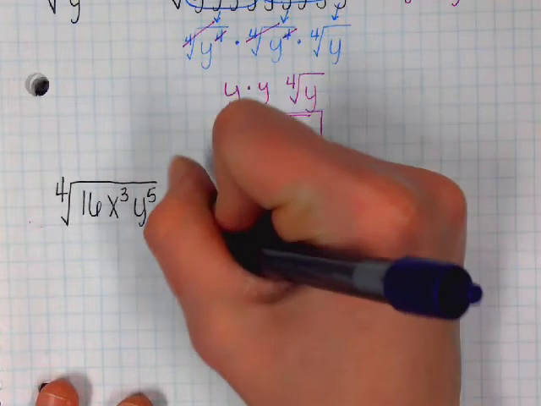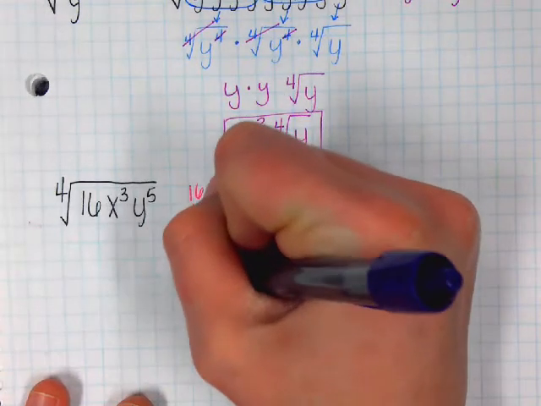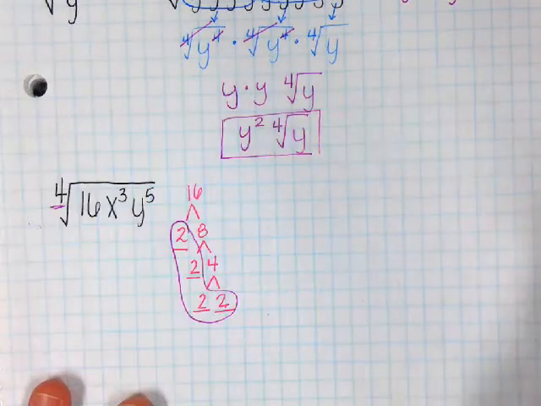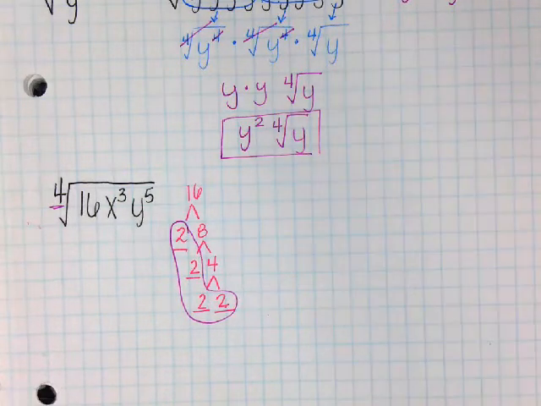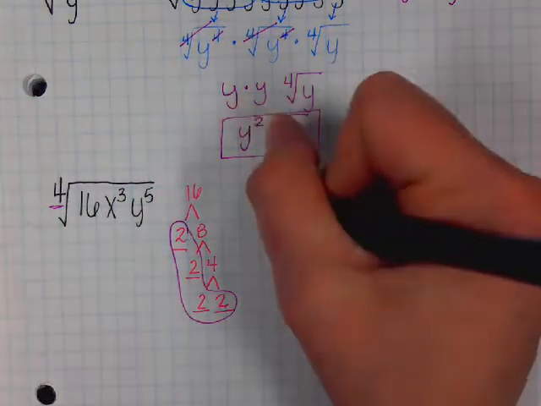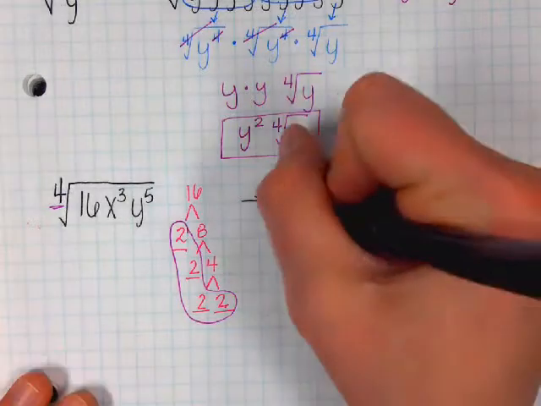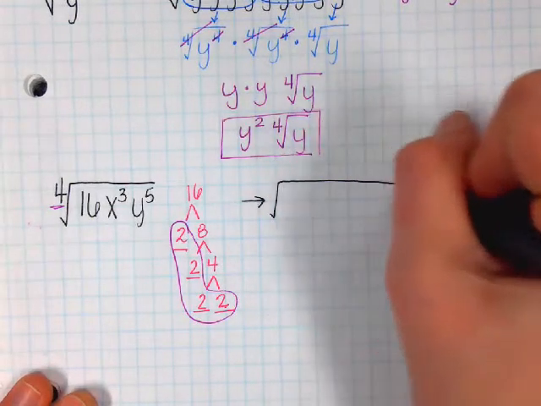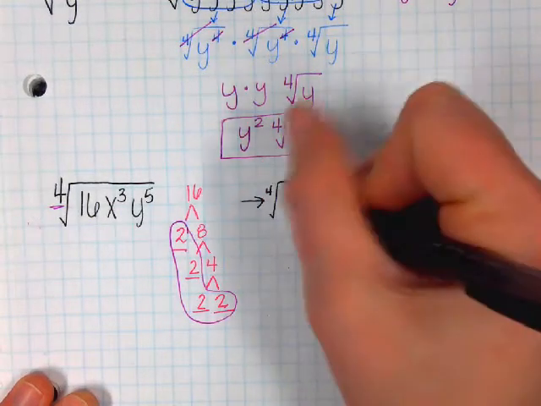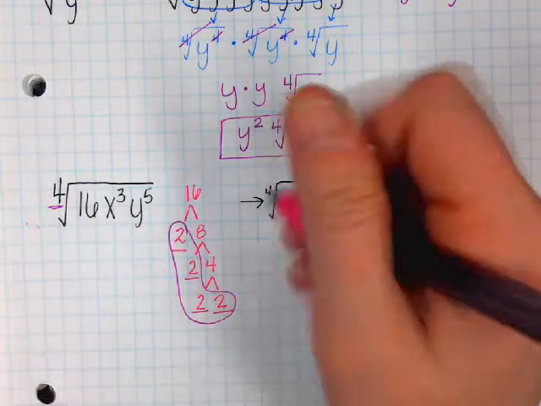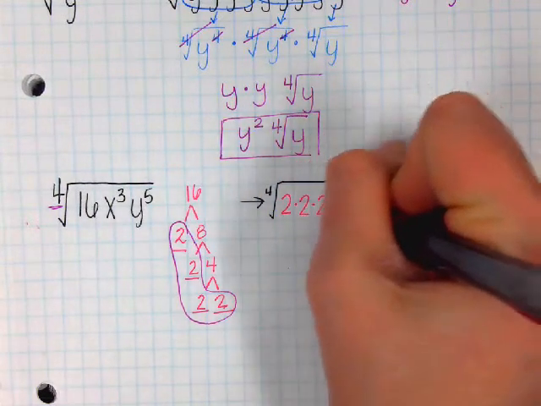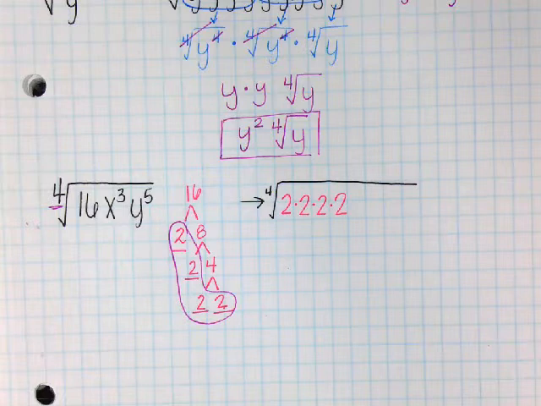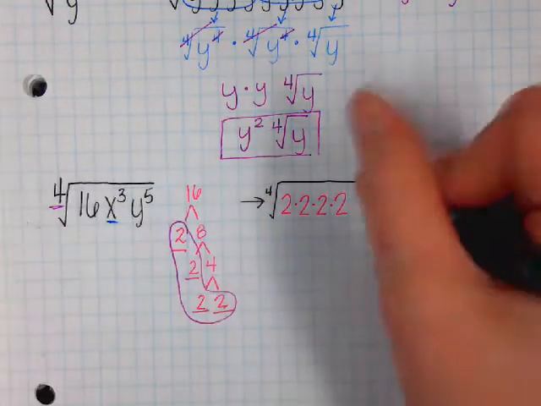Well, if you look at that, there are 4 of them. Remember, this fourth root right here tells me I am looking for 4 of them multiplying. So I'm going to rewrite this as the fourth root, and I'm going to put 2 times 2 times 2 times 2.